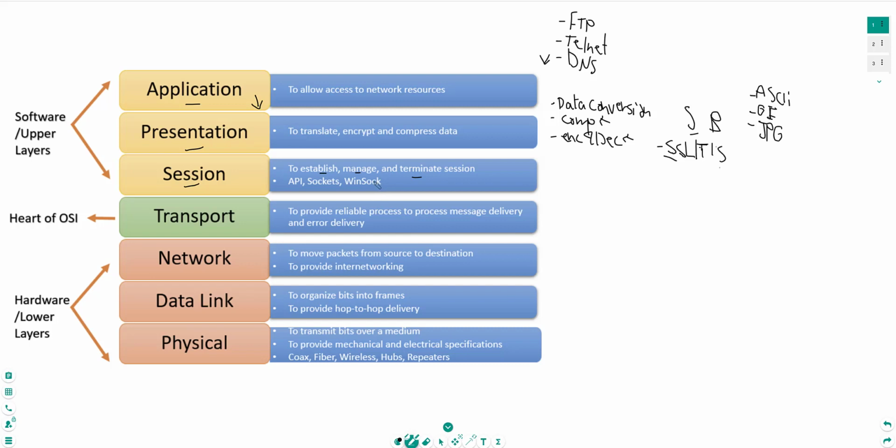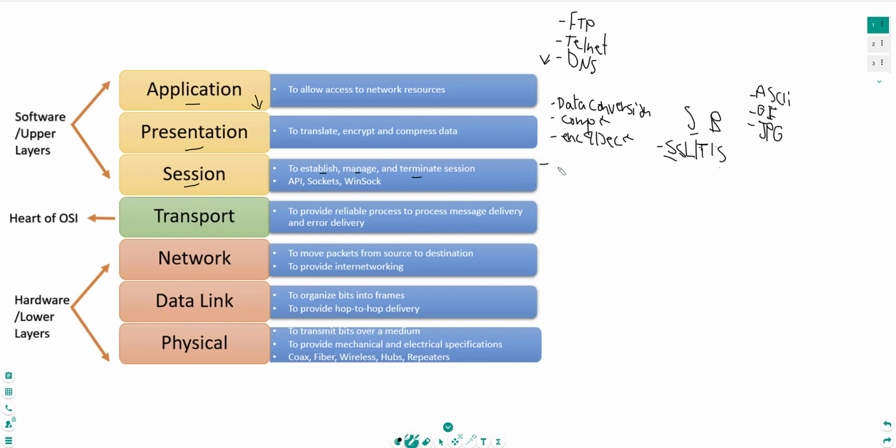That phone call has to be established, managed, and terminated. All of this happens at the session layer. Also, it lets the system work in half duplex or full duplex.